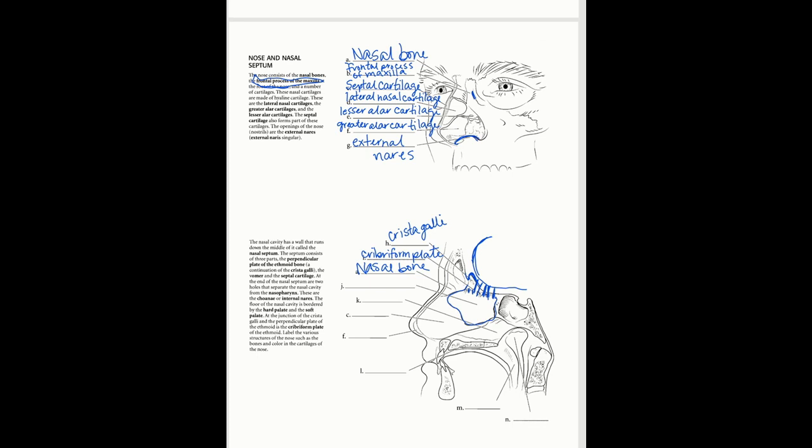this perpendicular plate is where the septal cartilage is going to extend from. So this here is our septal cartilage extending off of the perpendicular plate.